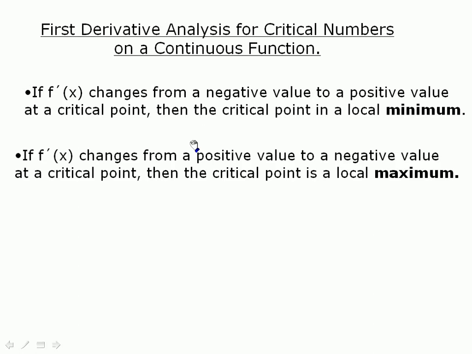And then conversely, if it changes from a positive value to a negative value at this critical point, then the critical point would be a local maximum. And remember, none of these give you information about absolute mins or maxes, just the local, what's happening in that vicinity. If it's a complicated graph, you might have several local minima or local maxima.